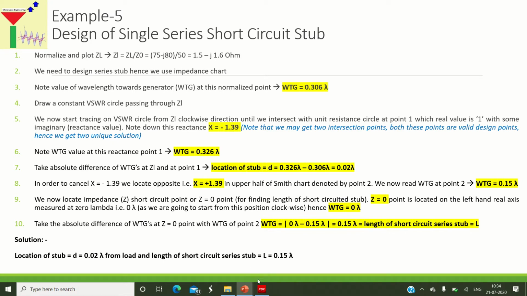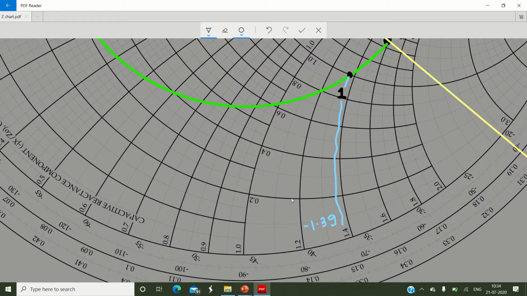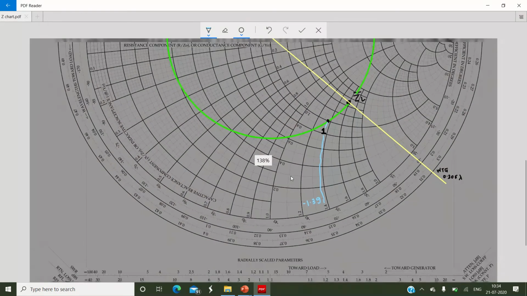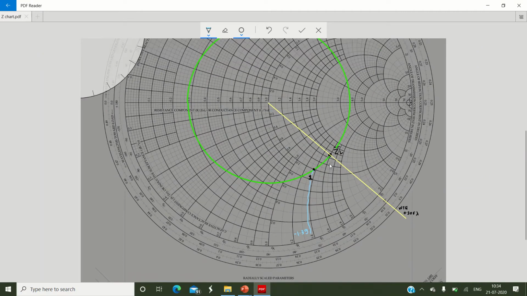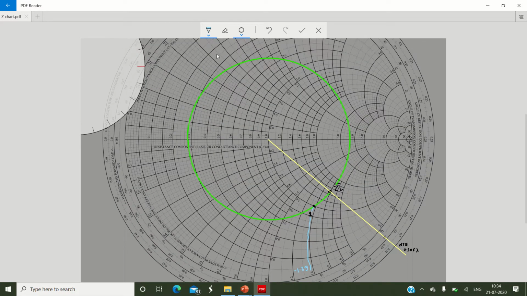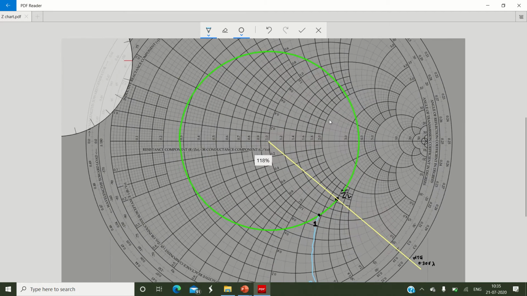Okay, now please remember that there is one more intersection point. As we said, we need to trace the VSWR circle in a clockwise direction. If you go further in this way, when you come across over here, you will get one more intersection point. I will denote it for the time being.